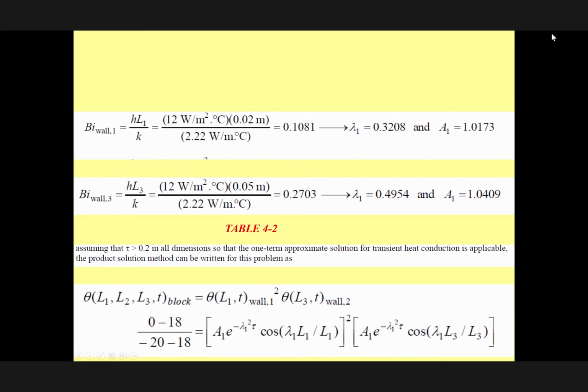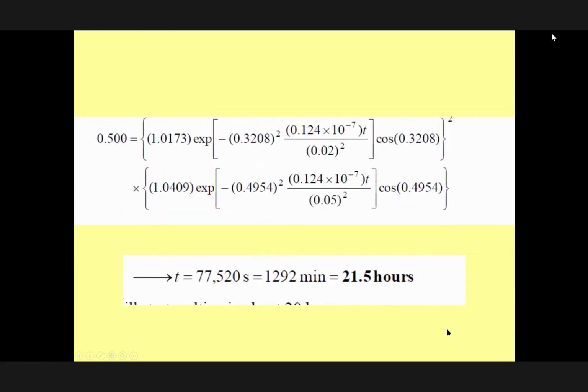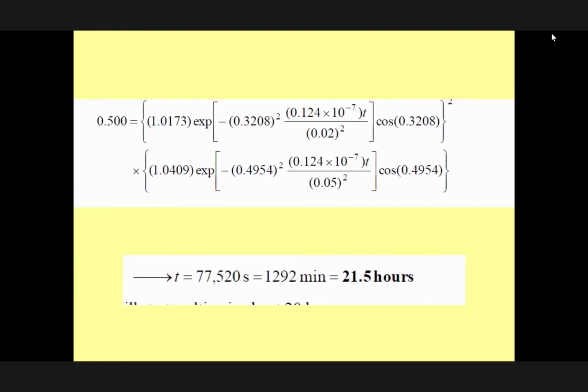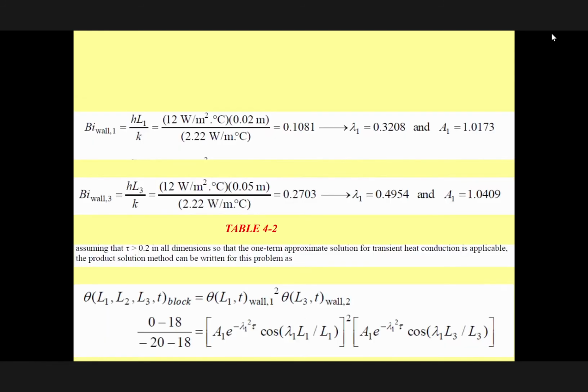This is one slab that has such a dimension, and there's another slab with this dimension. We multiply them together and end up with this solution. Again, remember, nobody asked me why I multiply this to the power 2.